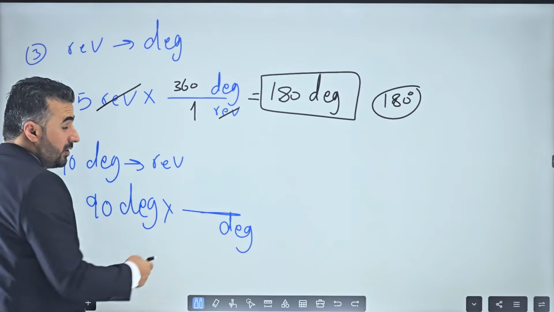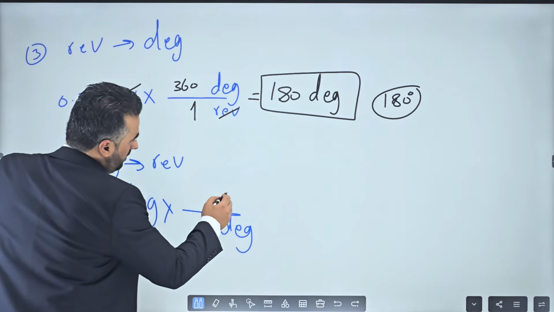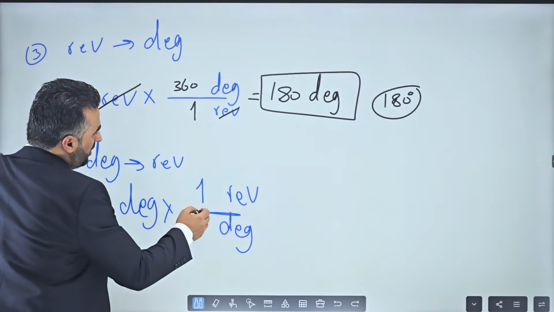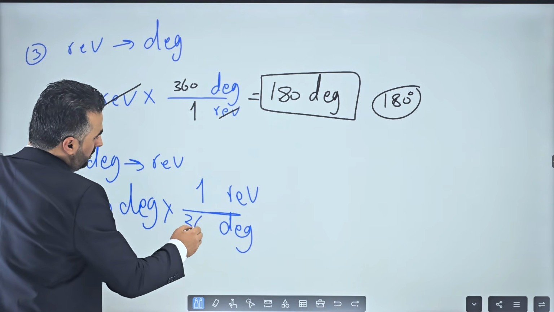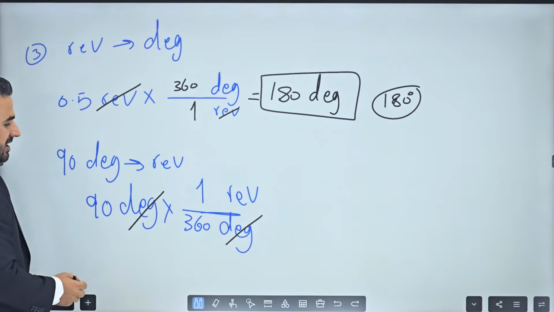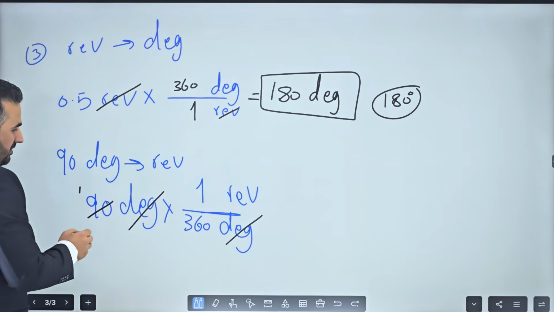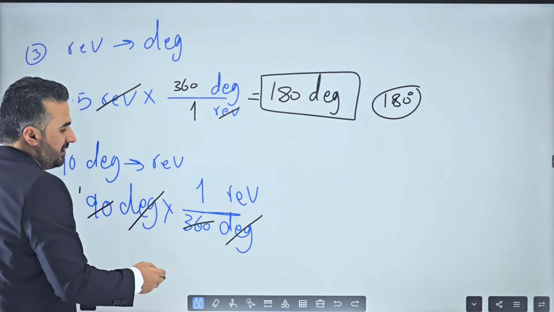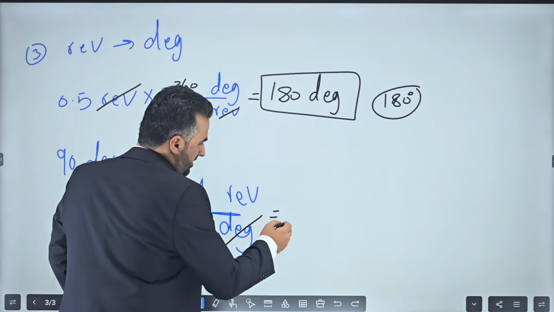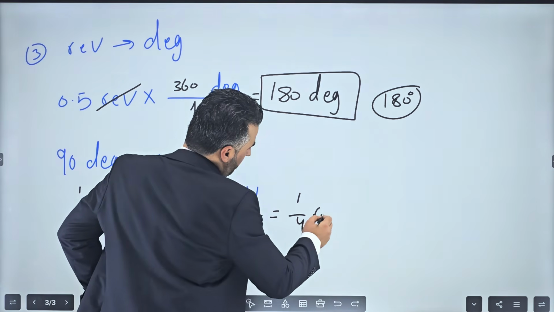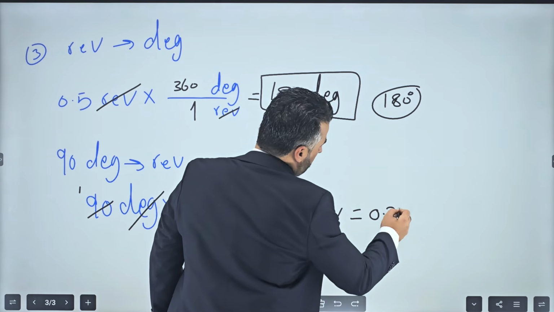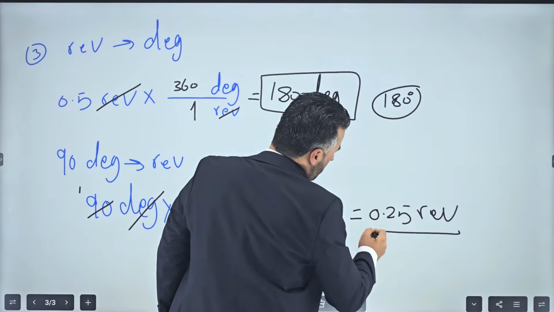But why? Because we want to cancel that out. Excellent. Rev above, very good. So do you remember the numbers? 1 rev is equal to, or divide by, 360 here. So degrees and degrees cancel out. 360 divided by 90 is going to be 4, yes? So 1 divided by 4, that is 1 over 4 of a rev, which is one way, and that is of course equal to 0.25 of a rev as well. So these are both correct.